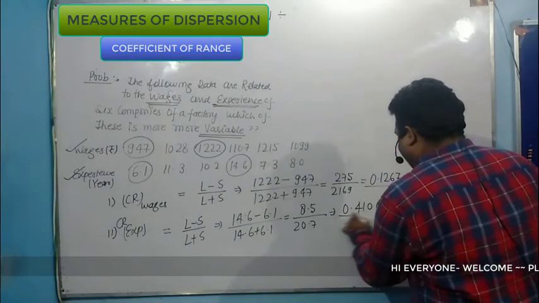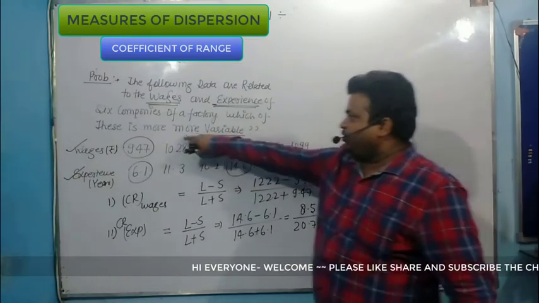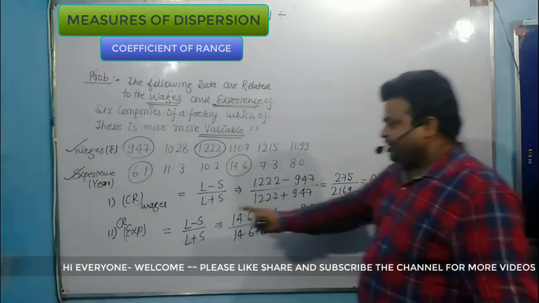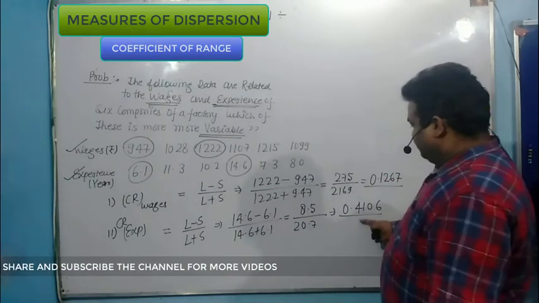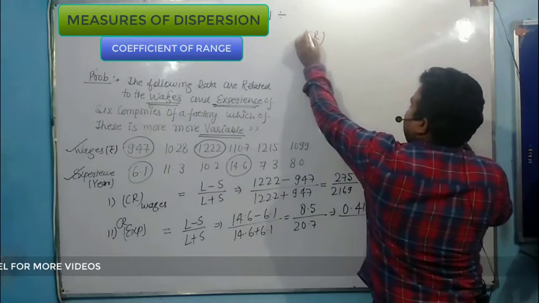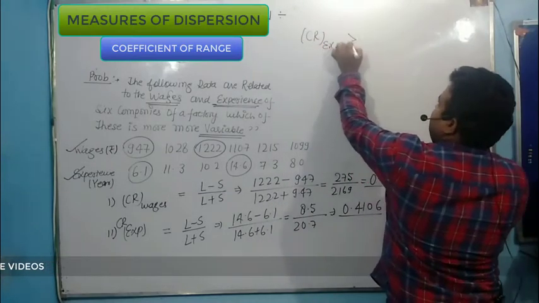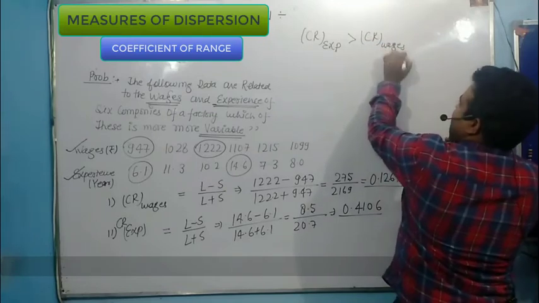Now which coefficient of range is maximum, because you need to find the more variable one. The coefficient of range having the greater value is more variable. Here the coefficient of range of experience is greater than the coefficient of range of wages. Why is it maximum?